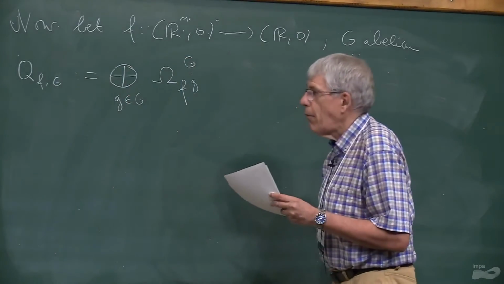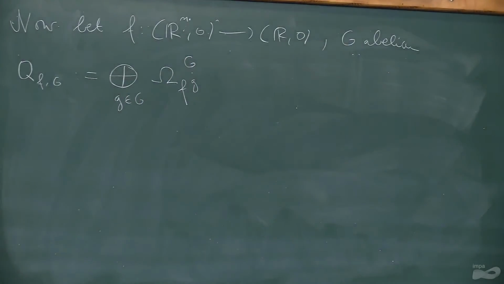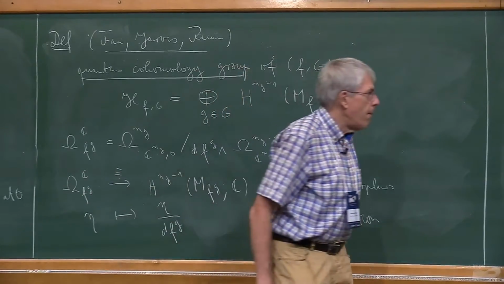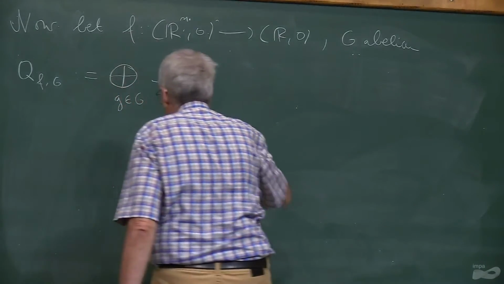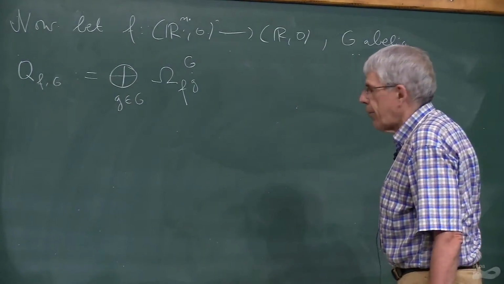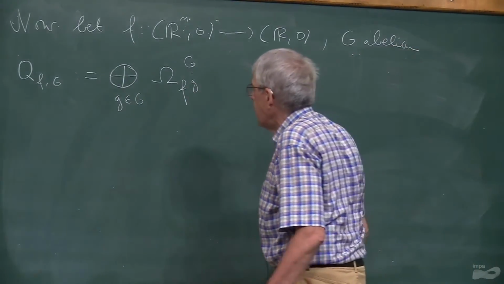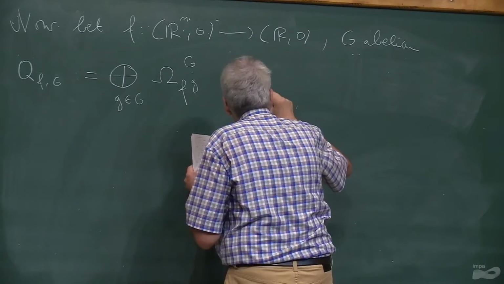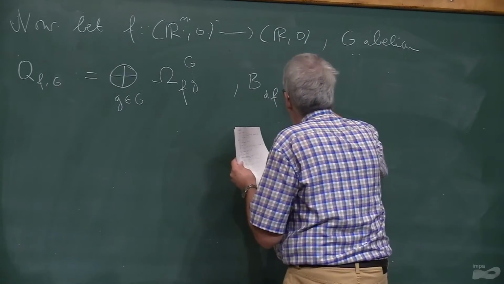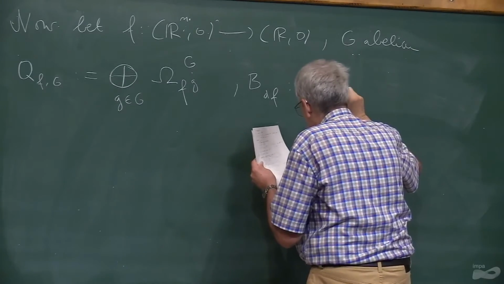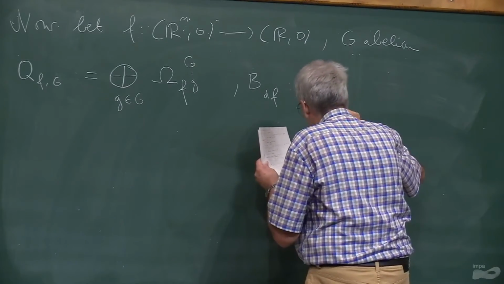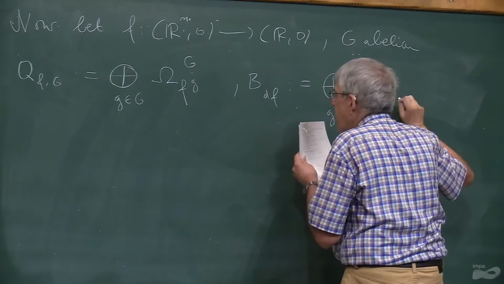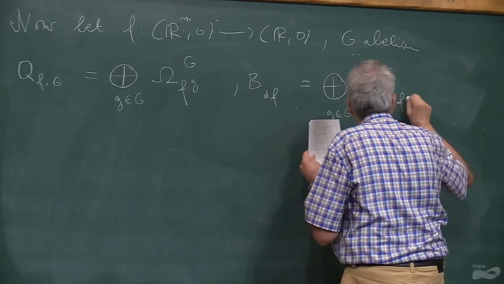So I take this construction of the quantum cohomology group for the corresponding algebra and for the real algebra. Q omega Fg is the G invariant part of the real one. Fg is now real. And the bilinear pairing B dFg is defined by taking the corresponding sum of all the B_g dFg.